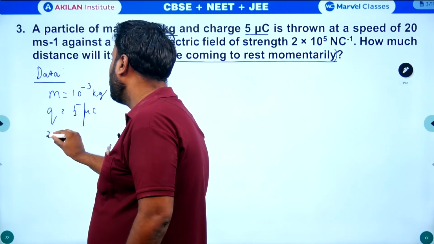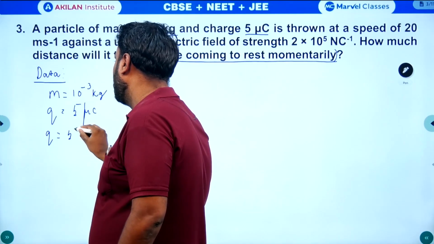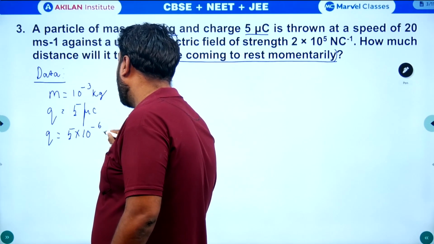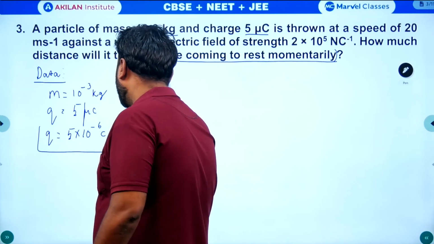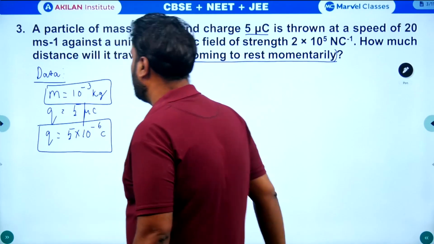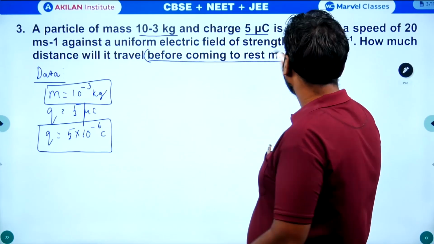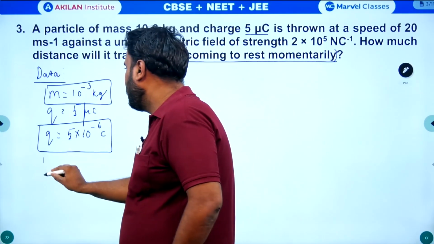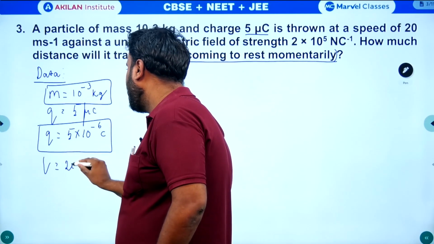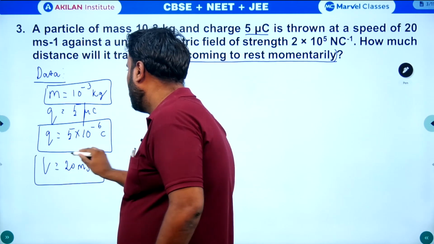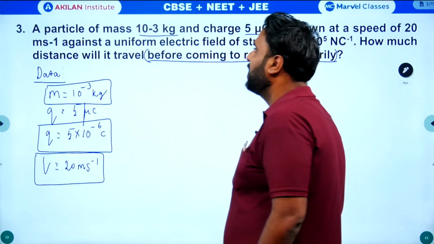Microcoulomb means we have to convert it to 5 into 10 to the power of minus 6 coulomb. Thrown at a speed, that is velocity. V they gave us 20 meter per second, ms inverse 1. This is the velocity they have given.